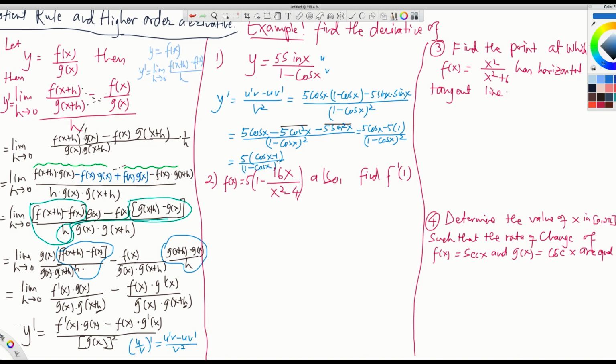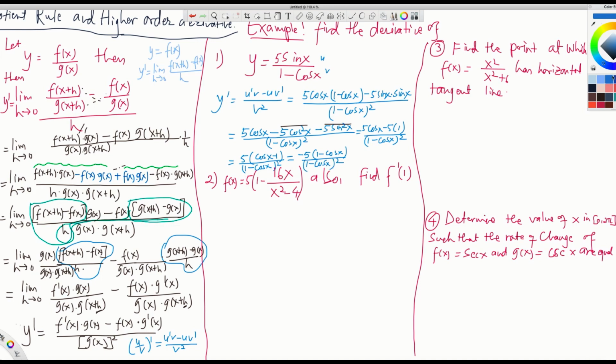So what would you do in that case is basically, let me simplify that. I want to write in terms of 1 minus cosine x because there is 1 minus cosine x in the denominator. So I want to take negative 1 out, so that it will be negative 5 out, 1 minus cosine of x divided by 1 minus cosine of x, squared.